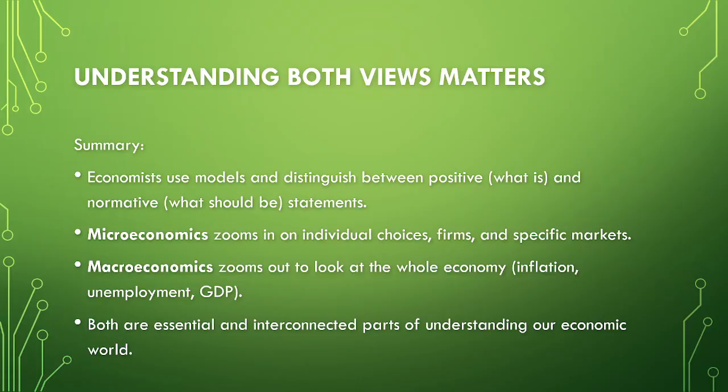Microeconomics and macroeconomics. Microeconomics focuses on individuals, firms and specific markets. Macroeconomics focuses on the whole economy: GDP, inflation, unemployment. It's the bigger picture. And they are different but deeply connected.